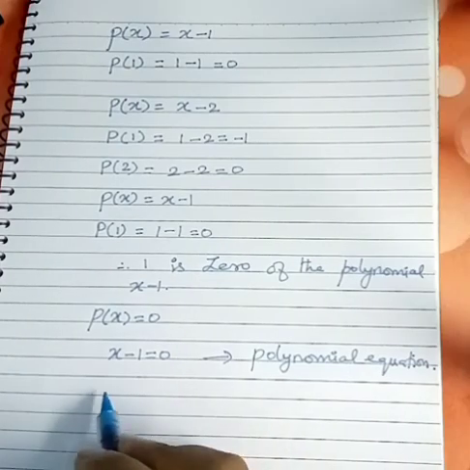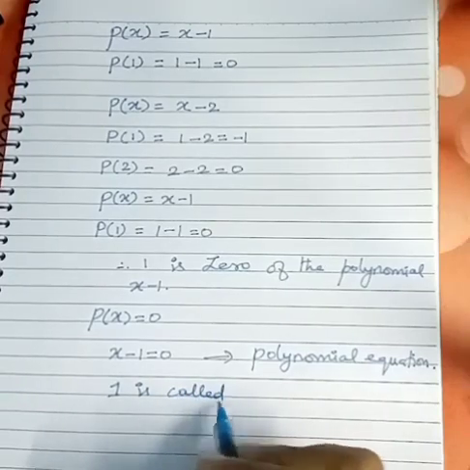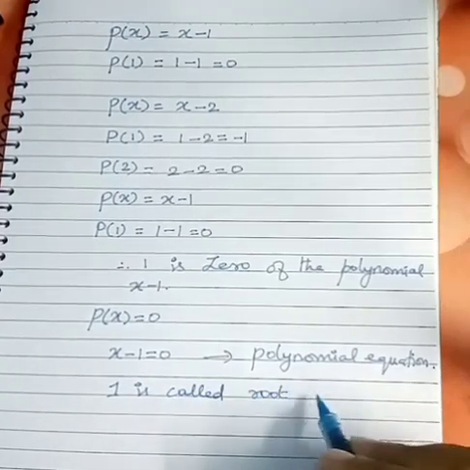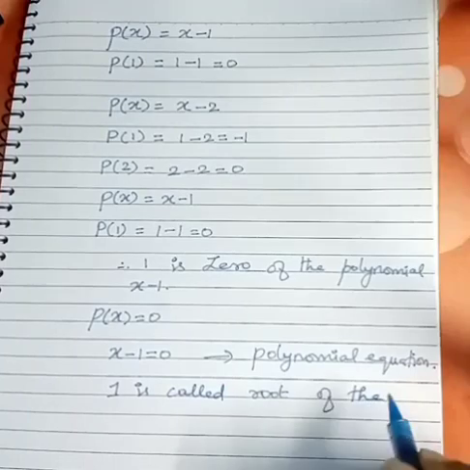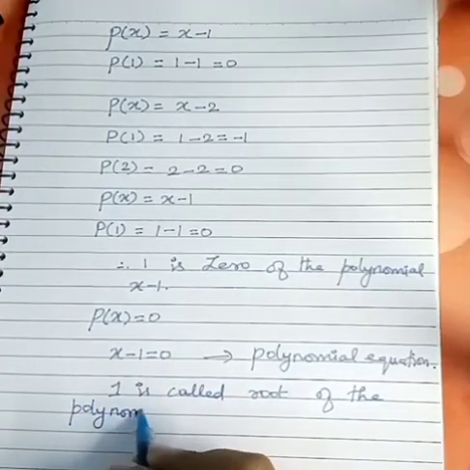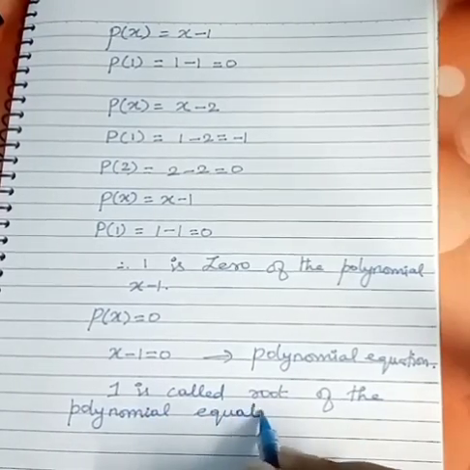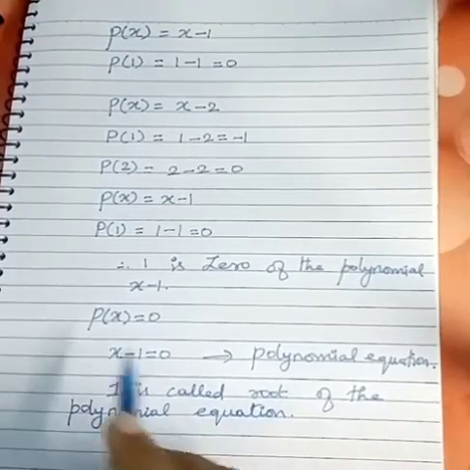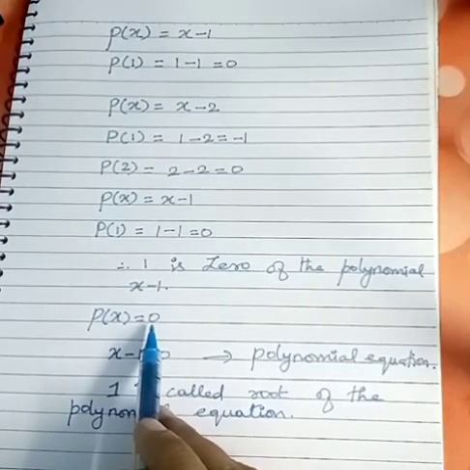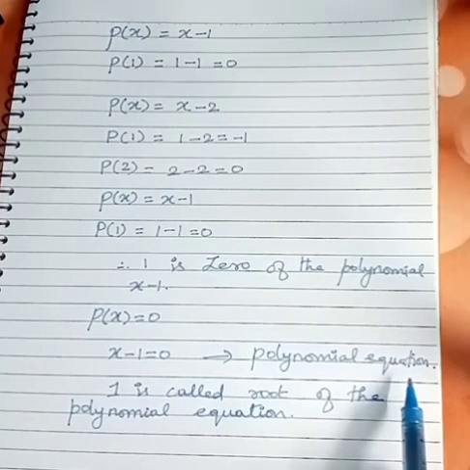So here 1 is called the root of the polynomial equation. So when a polynomial is equated to 0, it is a polynomial equation.